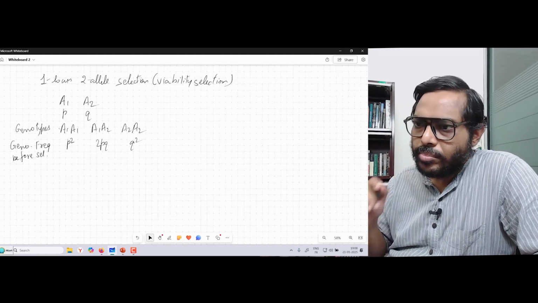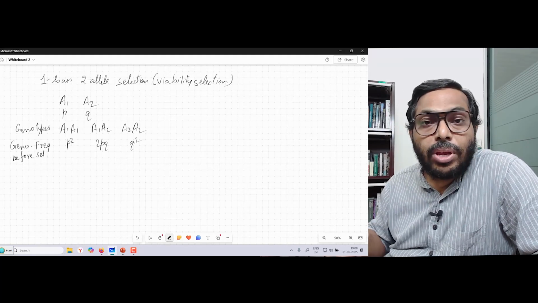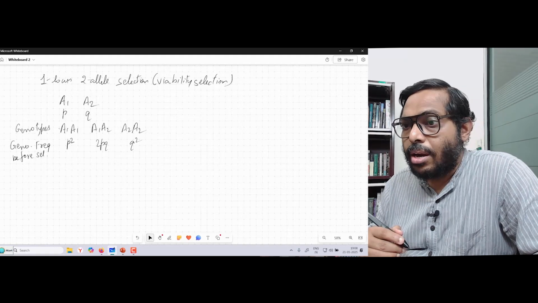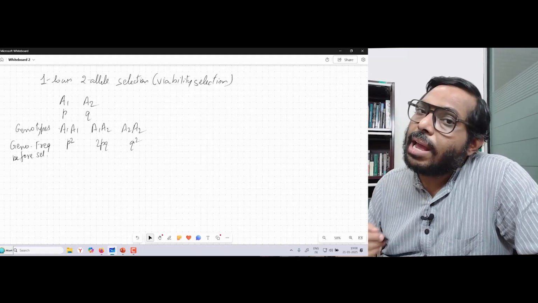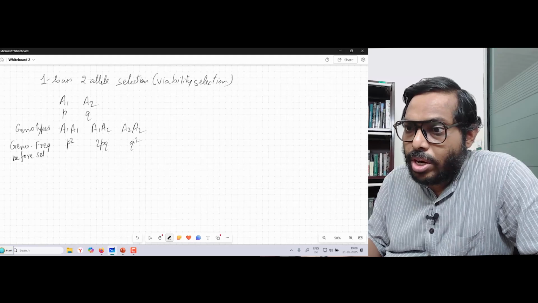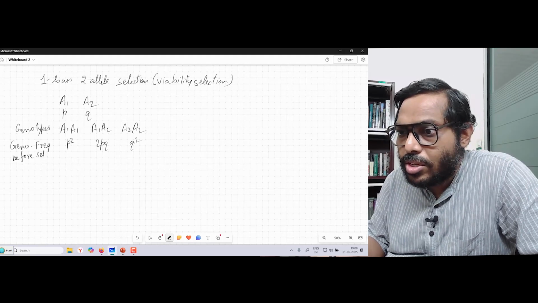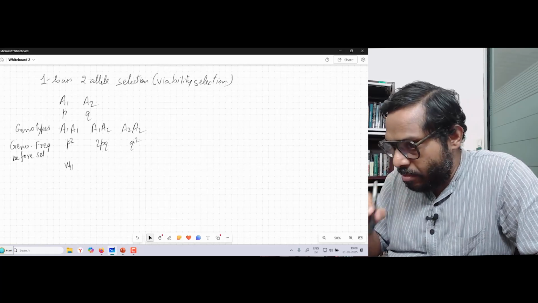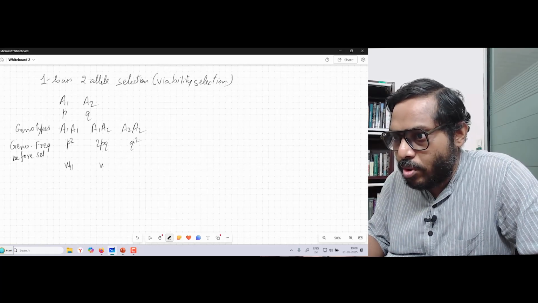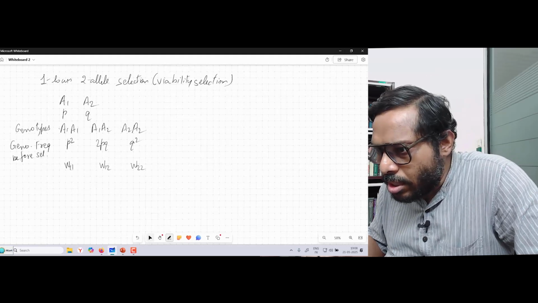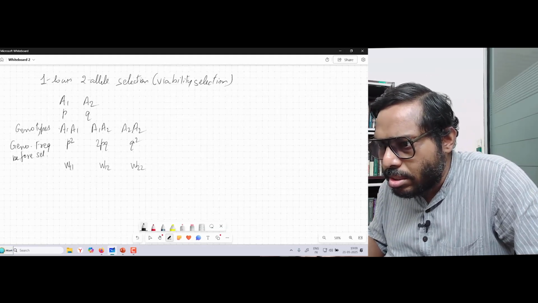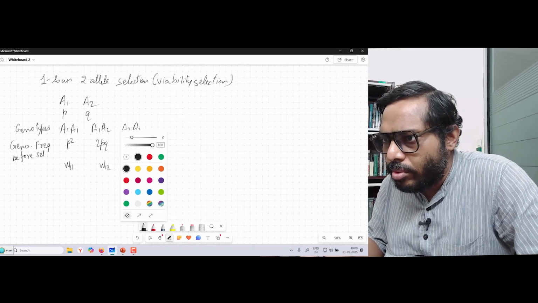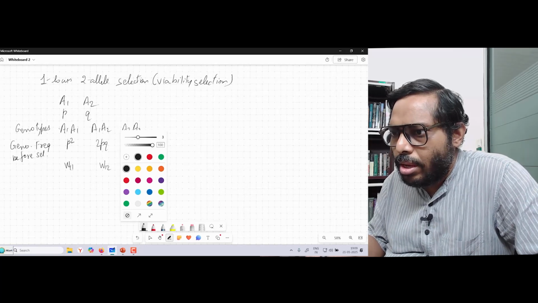Okay, now we have selection happening, and explicitly viability selection. What does it mean? That means each of these 3 genotypes has a different fitness. Let us call them W11, W12, W22, and let me slightly increase the point of the pen.